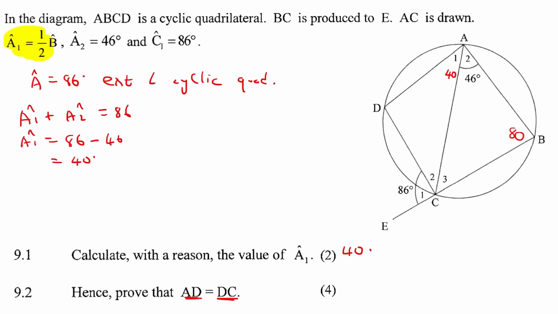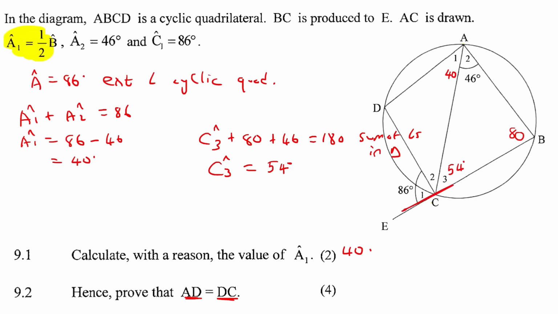So that's pretty straightforward. In this triangle here, we could easily work out angle C3. So angle C3 plus 80 plus 46 must be 180. And that is because of the sum of angles in a triangle. And so if you had to work out C3, you should eventually get 54 degrees. Now over here we have a straight line. So all three of those angles must add up to 180.